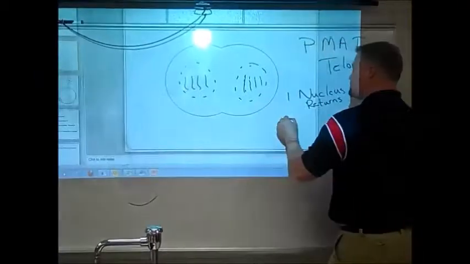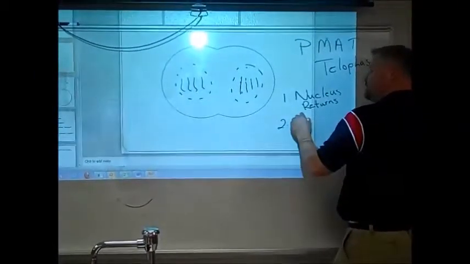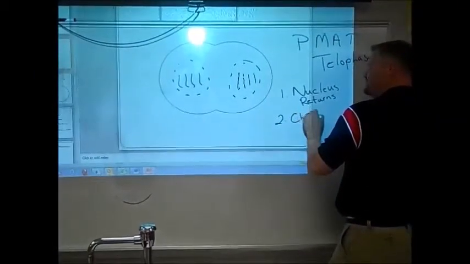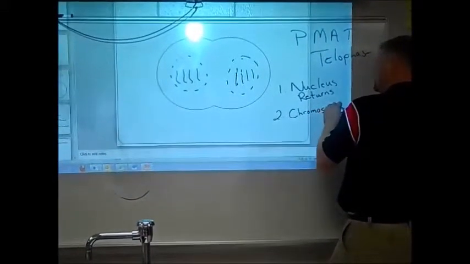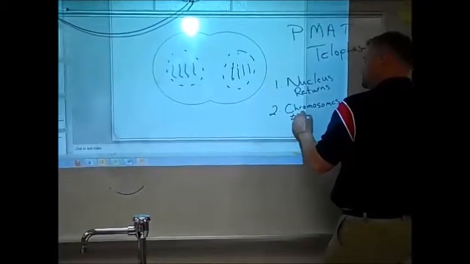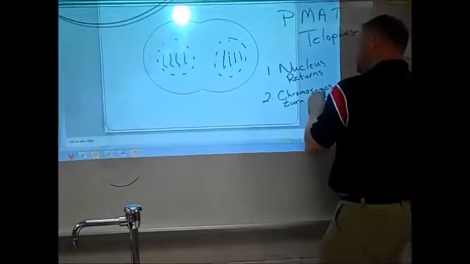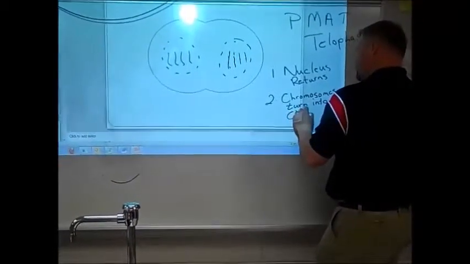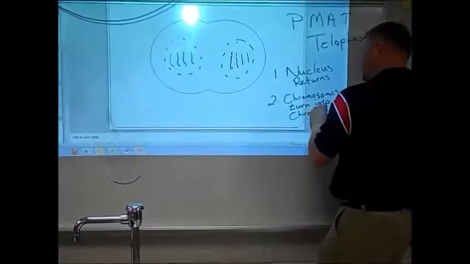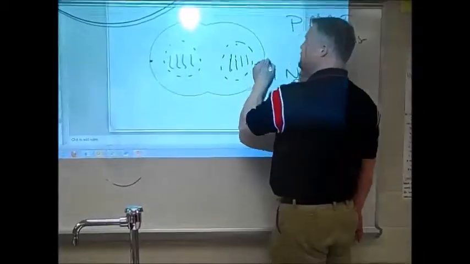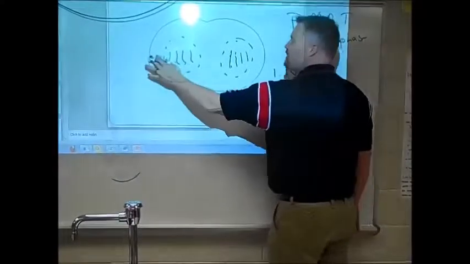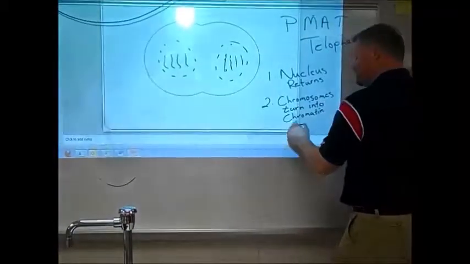So point number 2, chromosomes turn back into chromatin. And finally, all the centrioles and all the spindle fibers are basically gone, they're disappearing.